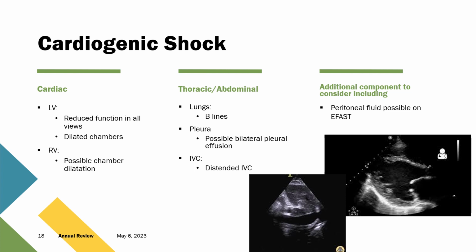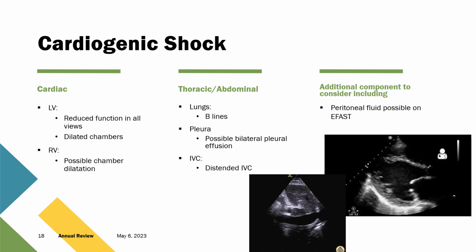Now, as it backs up from left to right and then into the IVC, as you transition out of the cardiac area into the thoracic and abdominal area, you might see that you're starting to develop some B lines in the lungs because of the lack of ability to move that blood back from the lungs into the left atria.